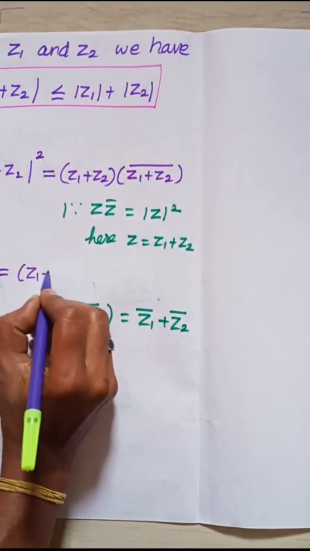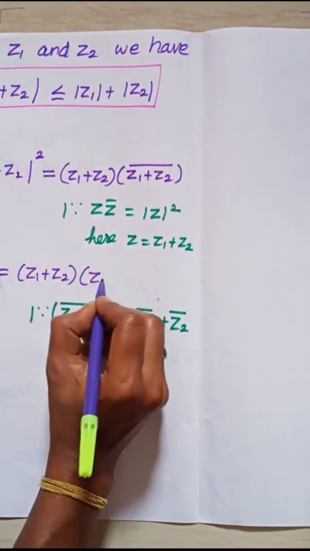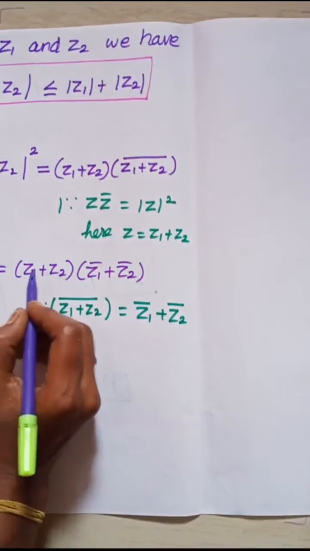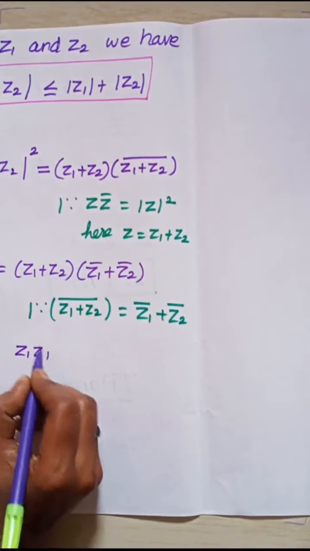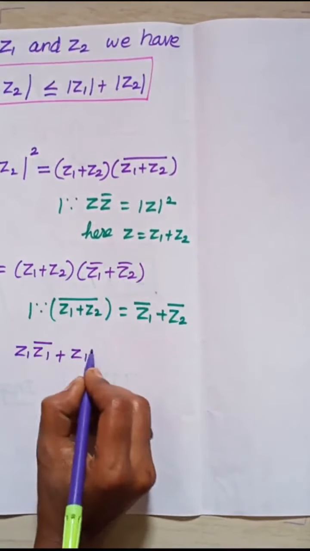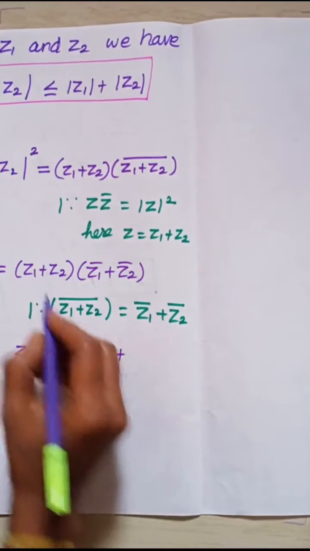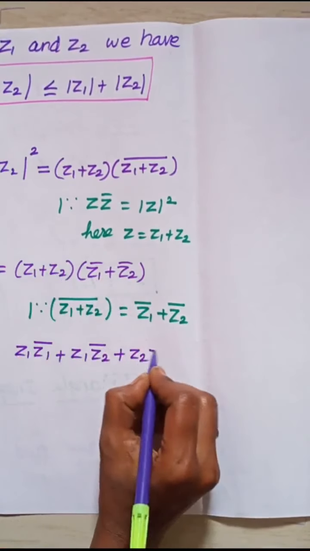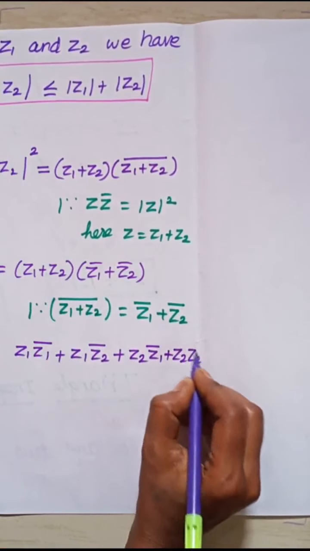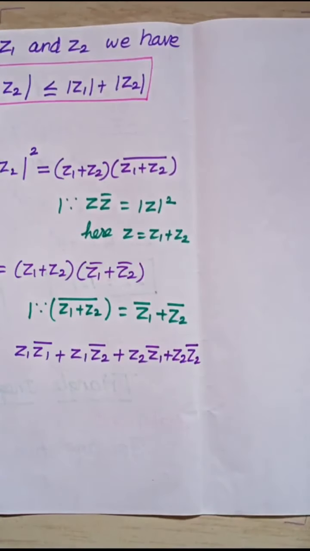Write it here: z1 plus z2 into z1 bar plus z2 bar, which is equal to z1 into z1 bar plus z1 into z2 bar plus z2 into z1 bar plus z2 into z2 bar.